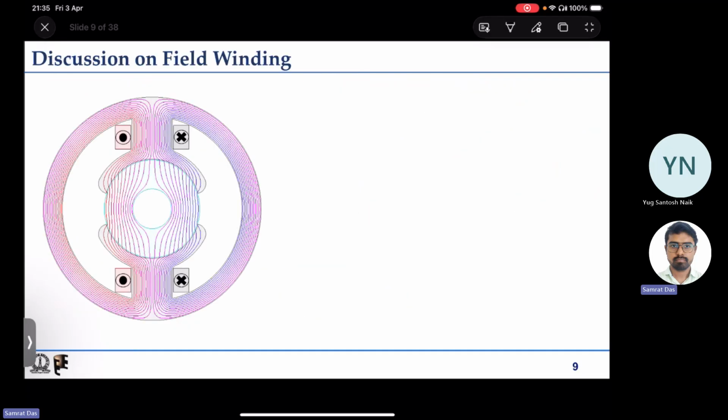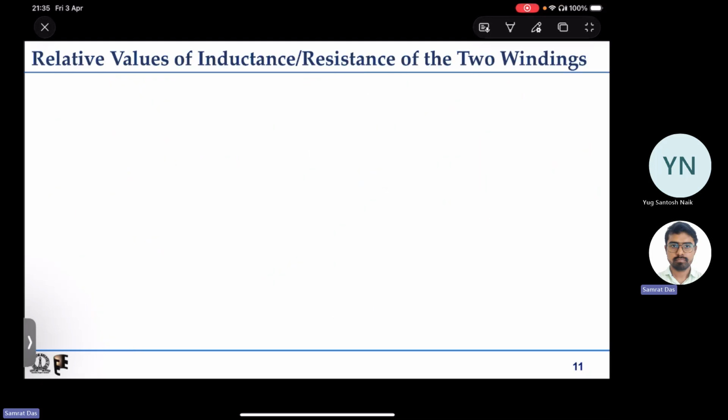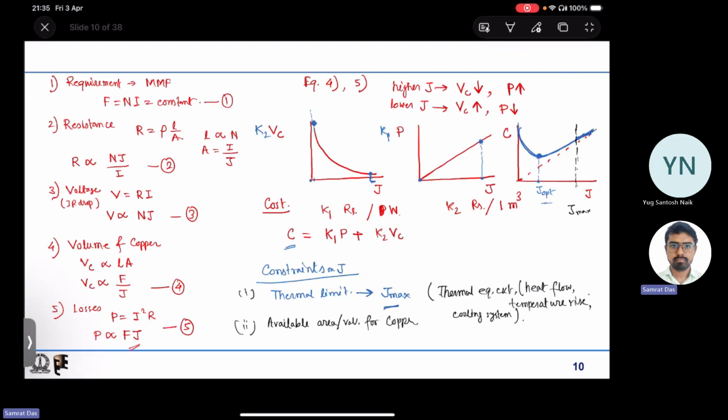So if you go to the earlier slide, once the machine dimensions are fixed, you have some area or some volume available where you can put your copper. So your VC max, the maximum volume that you have at your disposal, is already fixed as soon as you decide on the other machine dimensions.